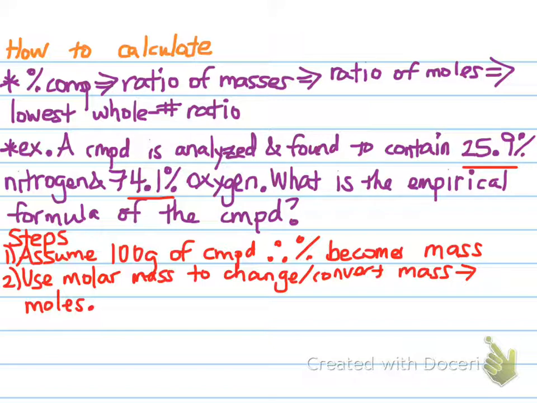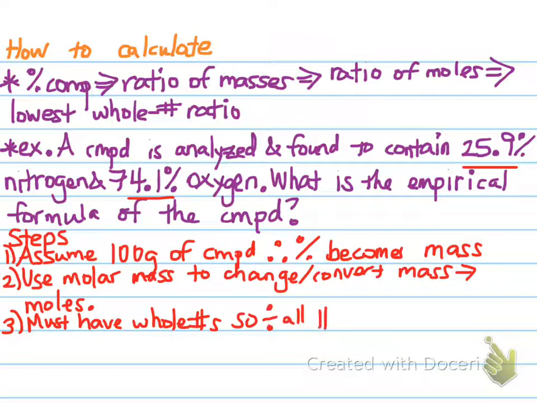Okay? So my third step is that we must have whole numbers, as we just talked about. So the trick to getting whole numbers is we're going to divide all the numbers by the smallest value.